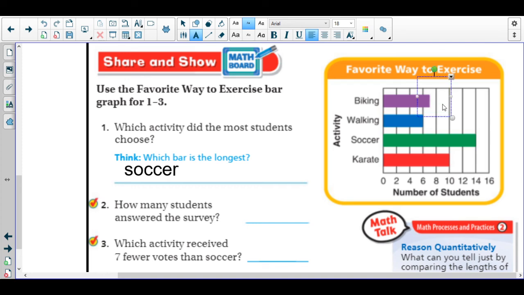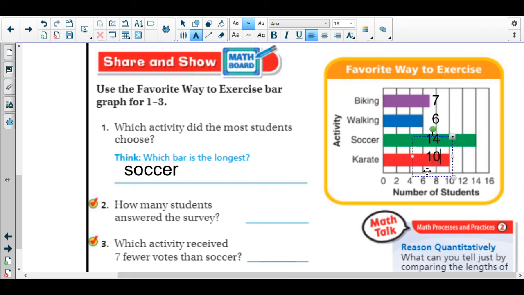So we've got 7 right here. 7 people picked the bike. And then walking, we had 6 people choose walking. And then for soccer, we had 14 people pick soccer. And for karate, we had 10.